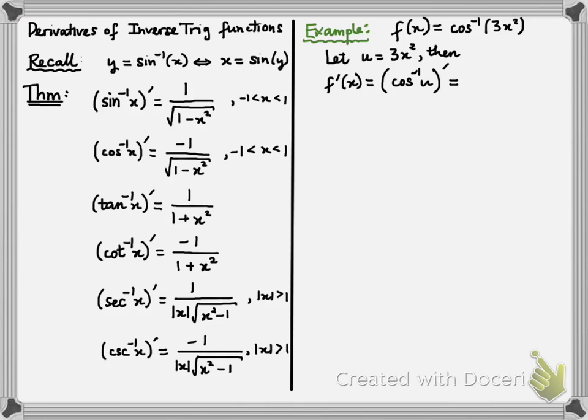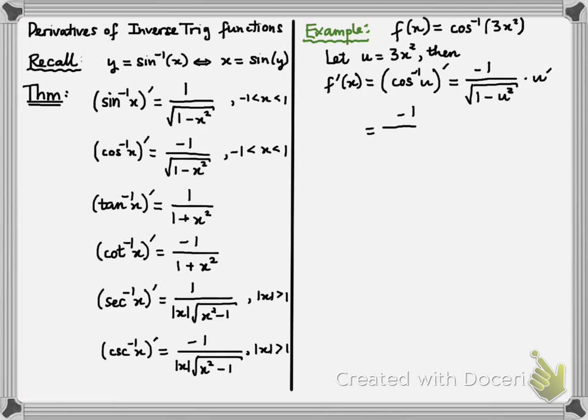Then if you use the formula for cosine inverse, you'll get negative 1 over square root of 1 minus u squared, which is exactly the derivative of cosine inverse, as you can see on the left hand side. But because u is a function of x, the chain rule says that we have to multiply with u prime at the end. There you go.